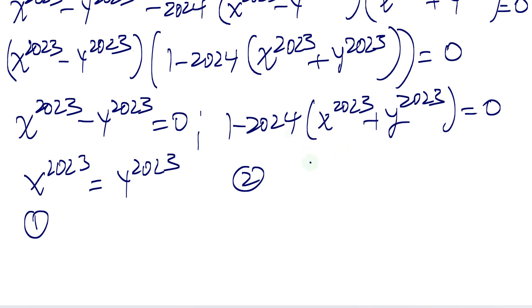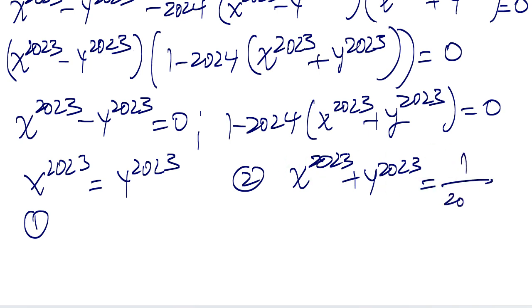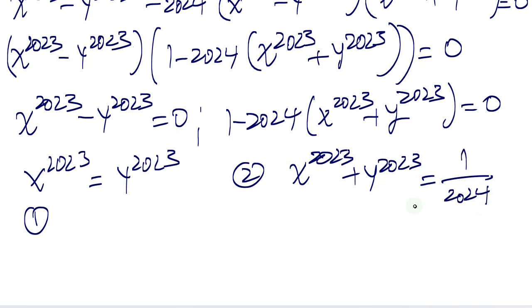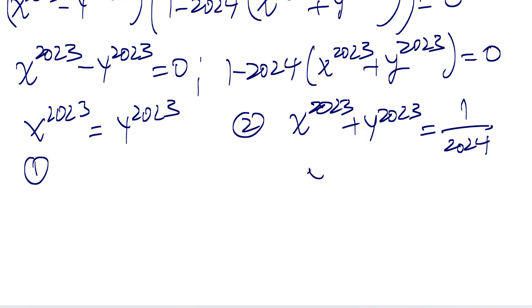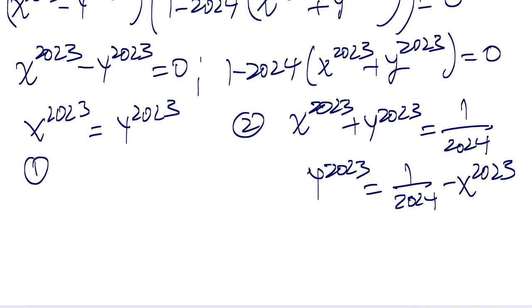And from here we have x to the 2023 plus y to the 2023 equals 1 over 2024, right? And then y to the 2023 is equal to 1 over 2024 minus x to the 2023.